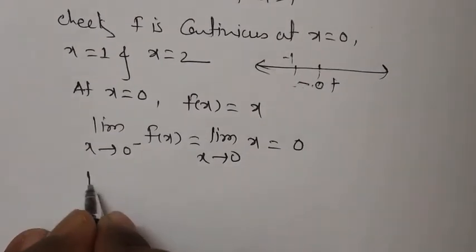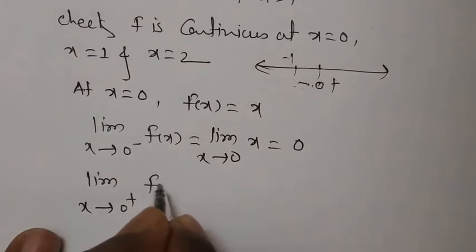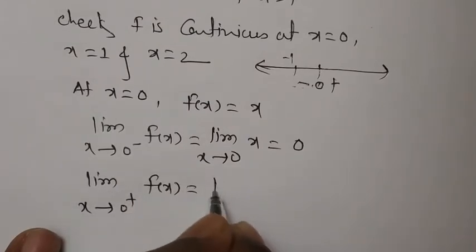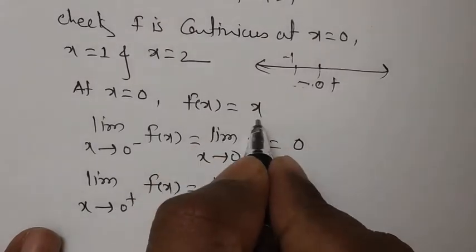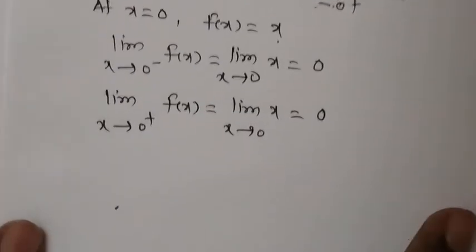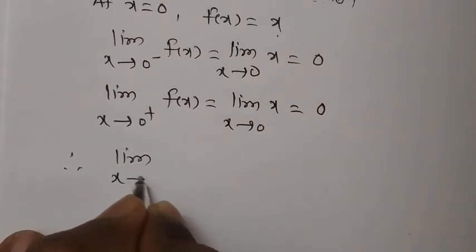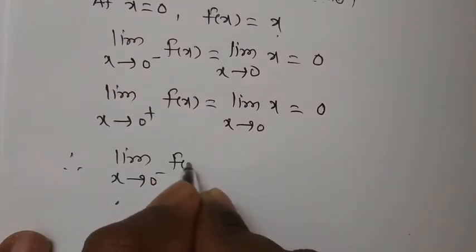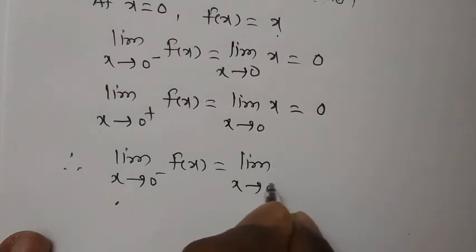And now limit x tends to 0 plus of f of x. Then limit x tends to 0 plus of x, because the value is x only, then the answer is again 0. Hence, we say that limit x tends to 0 minus f of x equals limit x tends to 0 plus f of x.